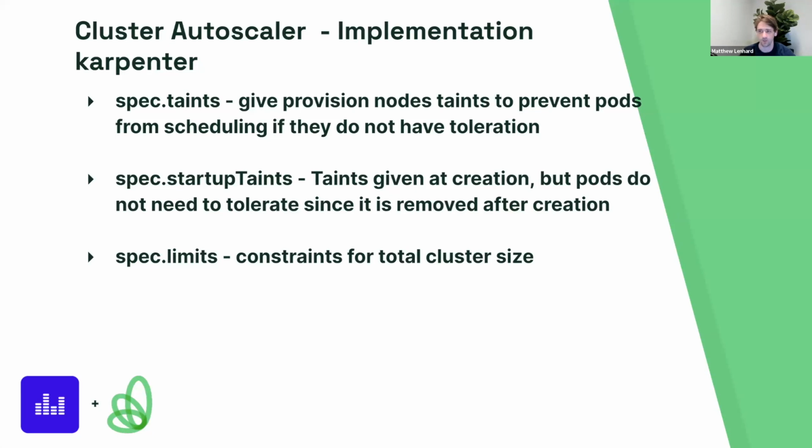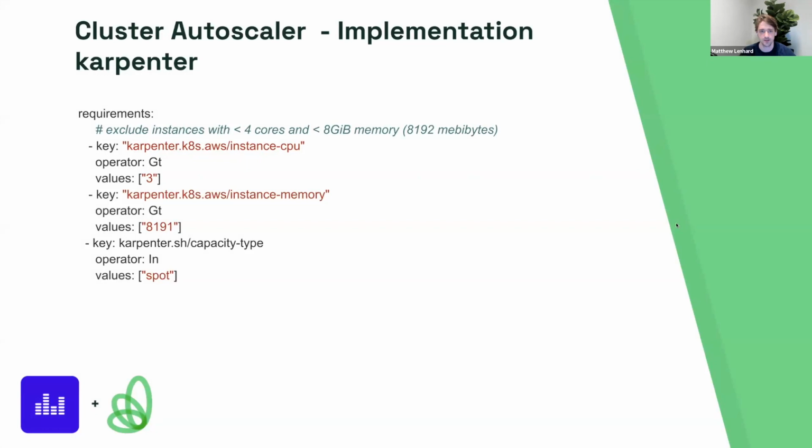An example of when you would need this is if you're using a CNI like Cilium. This can wait for Cilium to finish setting up the node before the pods will start being scheduled on that given node. And then limits set up constraints for total cluster size.